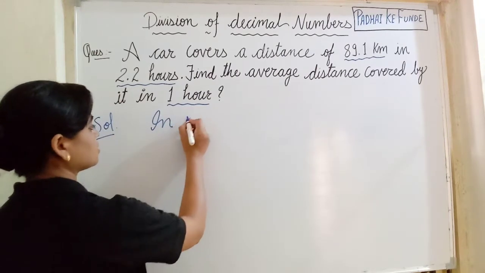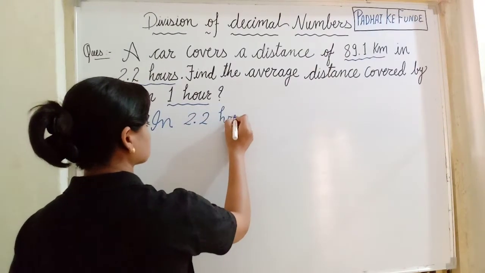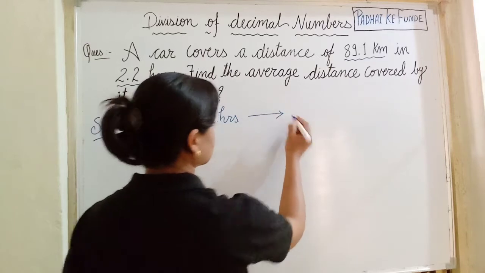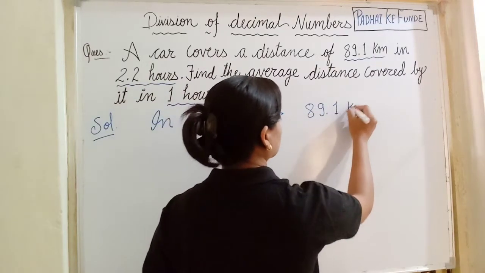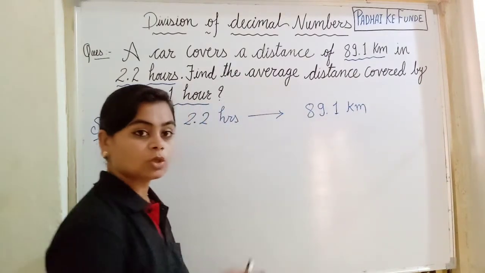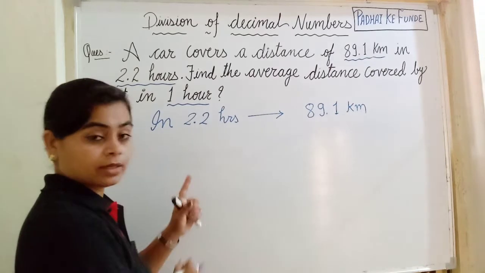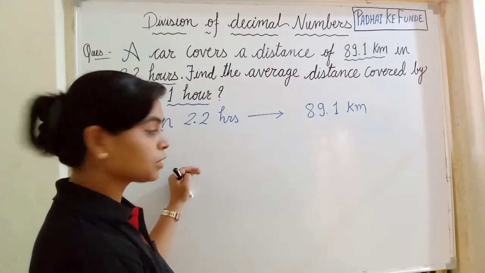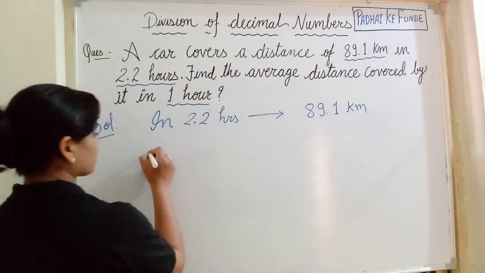In 2.2 hours, the car covers 89.1 kilometer. So, we have to find for 1. To make this 2.2 as 1, we need to divide by 2.2. Same there also, we will divide by 2.2.